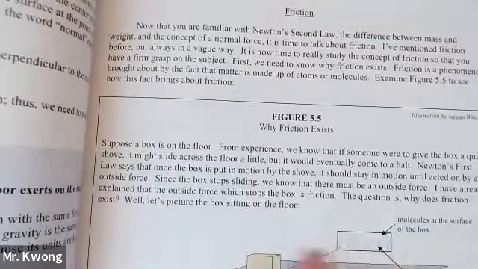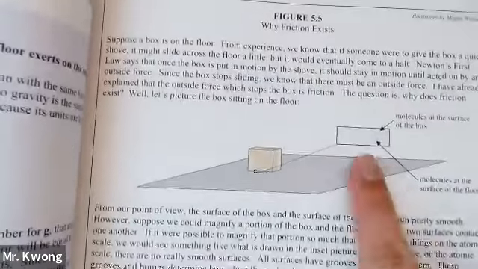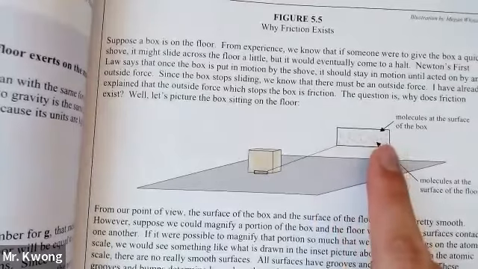So with dried glue, that's a very different scenario because things are stuck together, it sounds like. Is it friction? I don't think so, because friction, as defined all the way back in chapter number 5, you have friction where the molecules are sliding and bumping against one another.